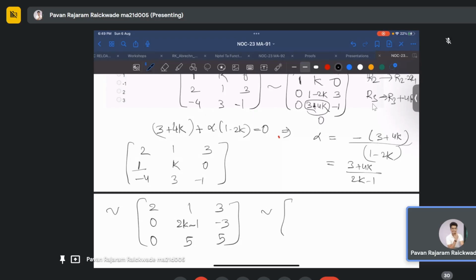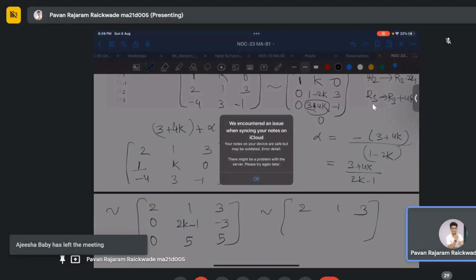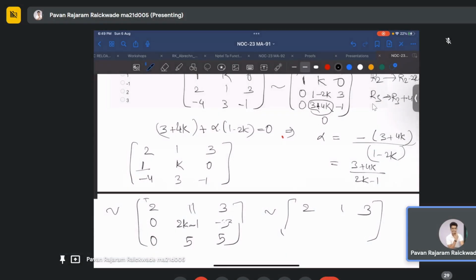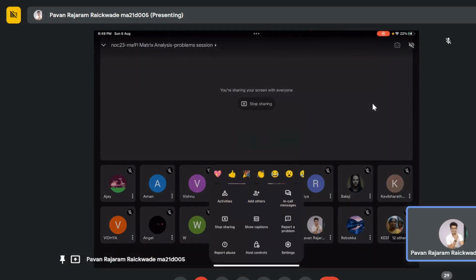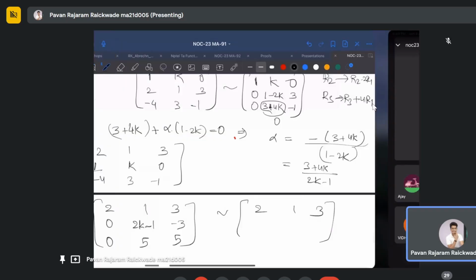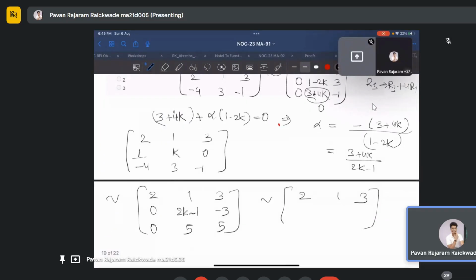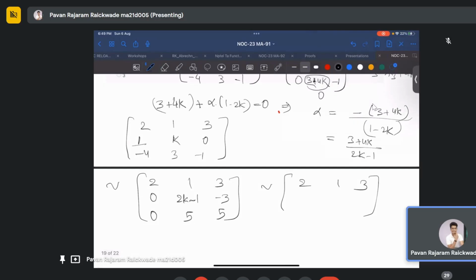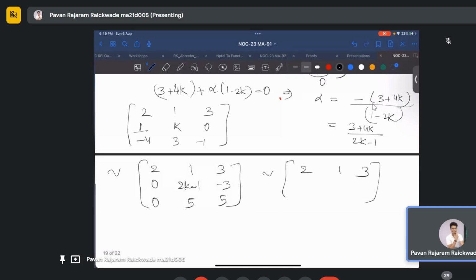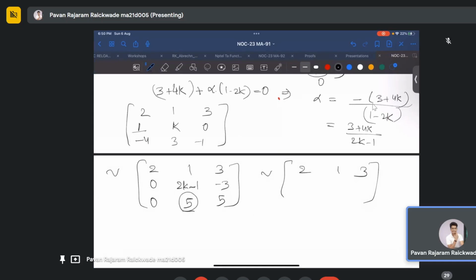And now 3. Now I have to make this entry 0. Or I'll change the second and third row, 0, 1, 1. I have divided this by 5 and then that's it.